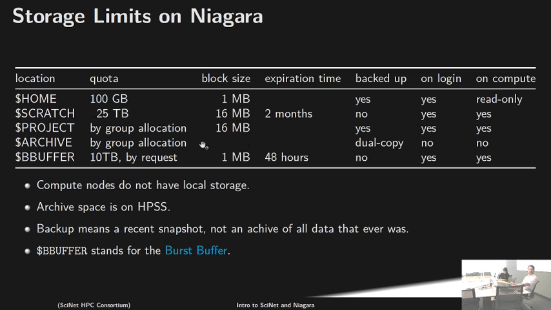So that's archive, and then there's a 5th one, burst buffer, which is sort of a fast Scratch, like a super fast Scratch. So Scratch is good. It's fairly fast for large files. But it's not very fast for lots of rapid I/Os, if you have lots of little files that you create or you read little things. So we have a smaller shared file system called burst buffer that is for that.